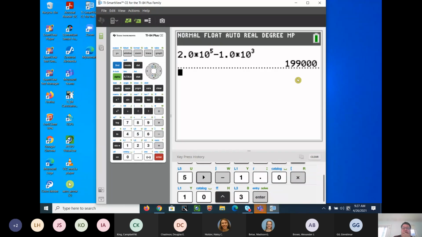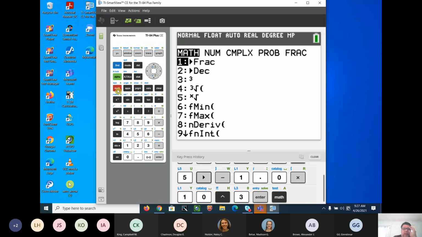Now, I think there's a way you can turn that into scientific notation, but I really don't know how to do that. I think it may be under math. No, let me see under number.